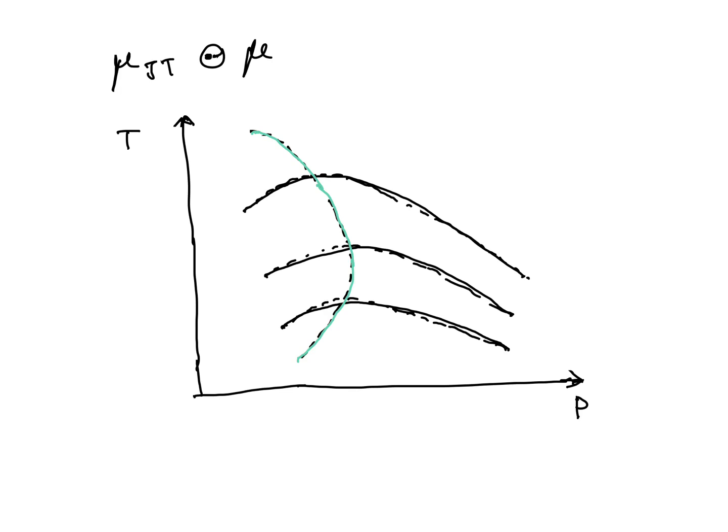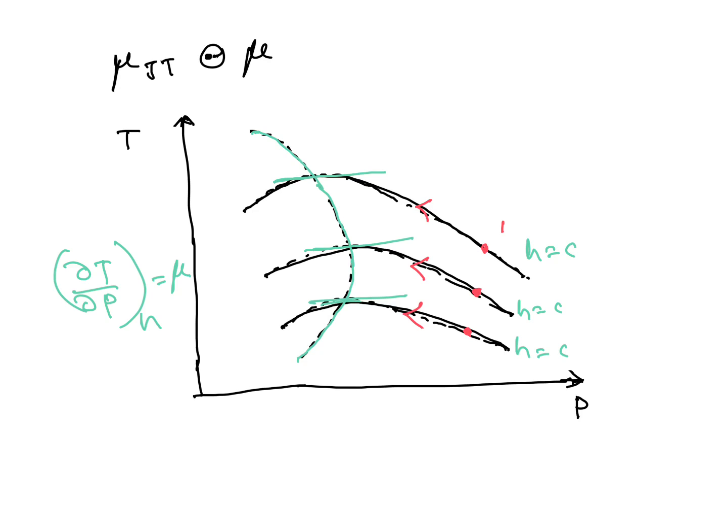Here the slope is 0. dT by dP at constant H is equal to mu. Isoenthalpy, H is constant. The process starts from 1, then it goes like this, 1 to 2.